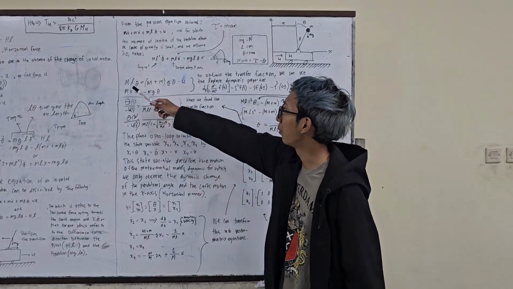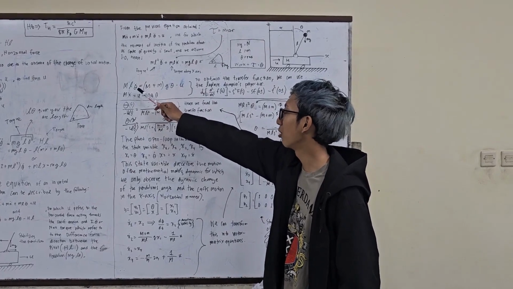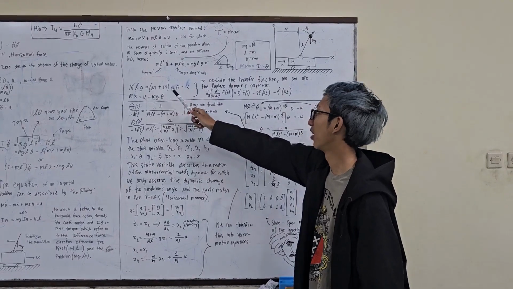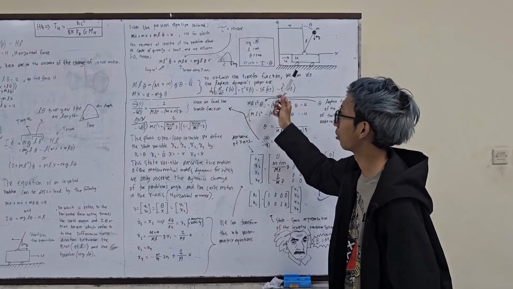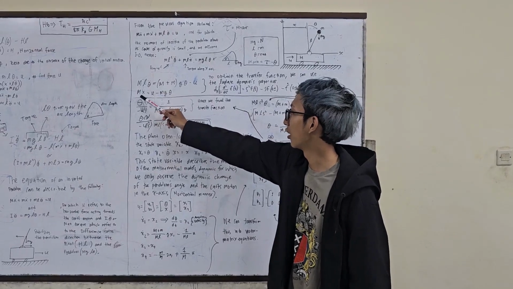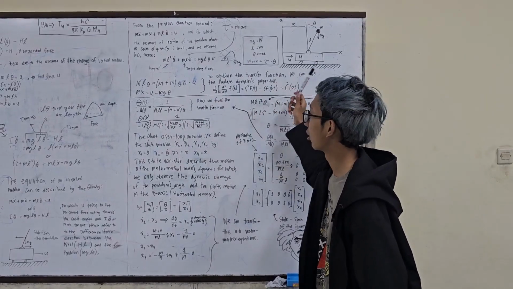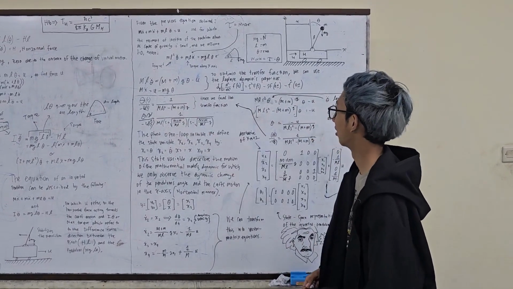With it now being mass of cart times L times theta double dot equals mass of cart plus mass times gravity times theta minus the force acting upon the cart, and mass of cart times x double dot equals u, which is the force acting upon the cart, minus mass times gravity times theta.